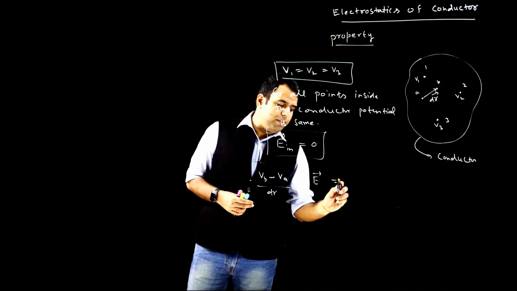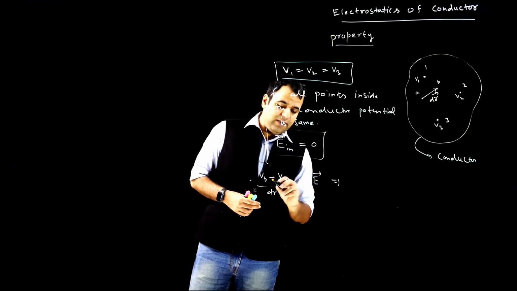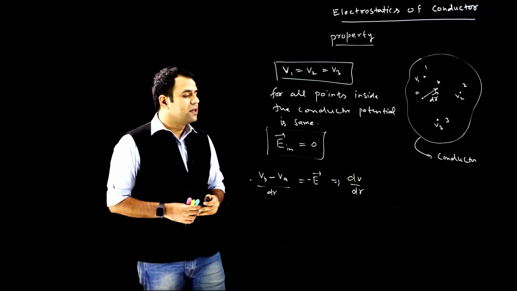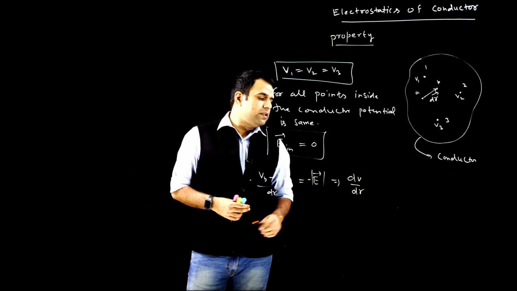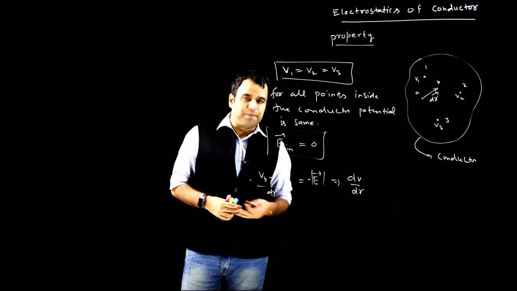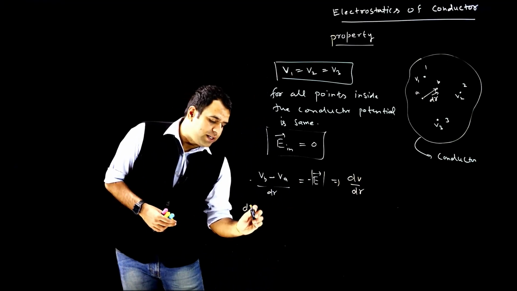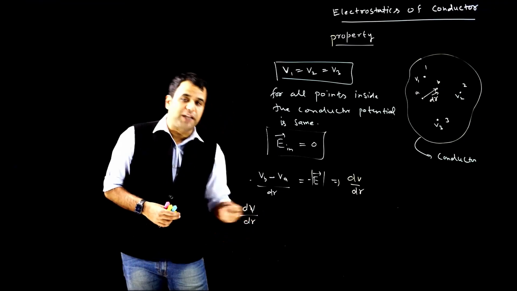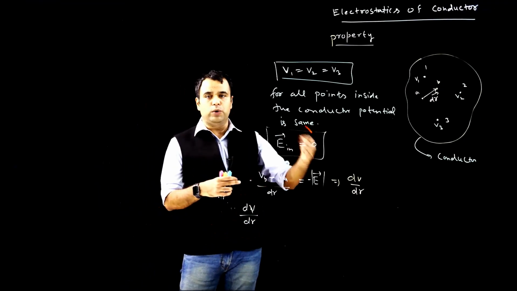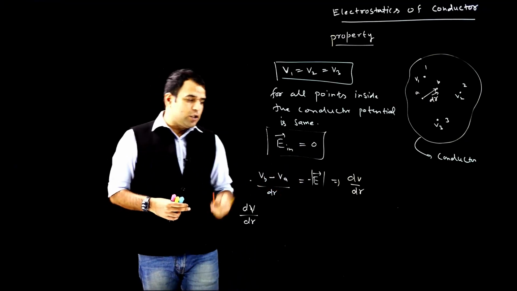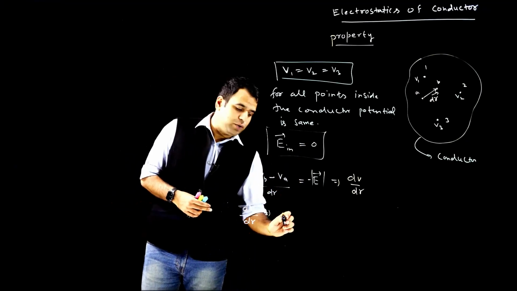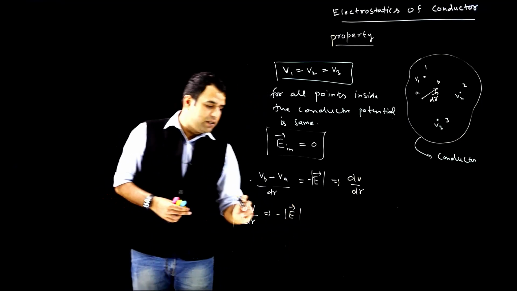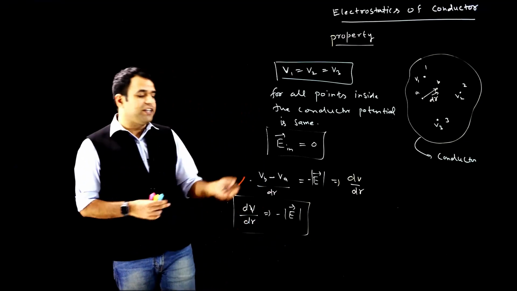And this thing we can write, sorry, it is minus, this thing we can write as dV upon dr. So dV upon dr is E. Inside for all points, if you calculate the potential gradient, meaning as you move from one point to another point, how the potential varies. So potential gradient is equal to minus of E, obviously. That's the relationship. This we get from Coulomb's law, a modification of Coulomb's law.